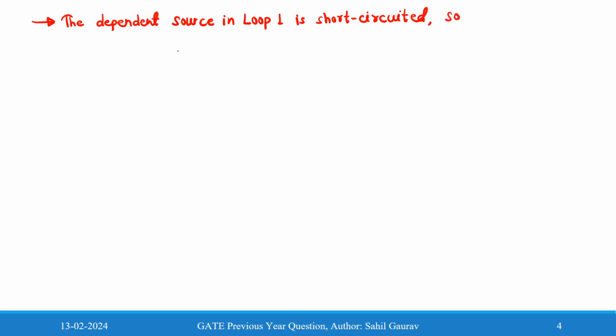So first we write I1. I1 will be equal to Vs divided by 3 plus J4 ampere, and this VL1 will be J4 I1, that is J4 into Vs over 3 plus J4.